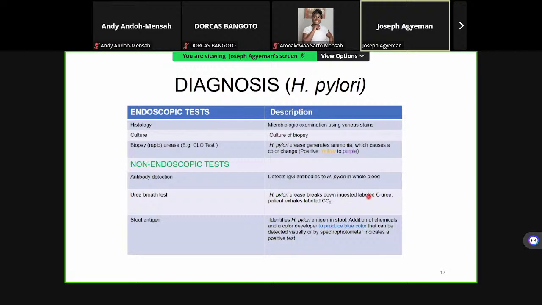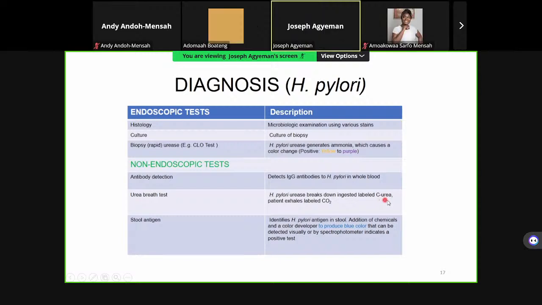And since the urease broke the urea down into carbon dioxide containing the labeled carbon and ammonia, you'll be able to detect that labeled carbon. That confirms that H. pylori is in there producing urease. It is only urease in the GIT that can break down the labeled carbon urea that the person swallowed.